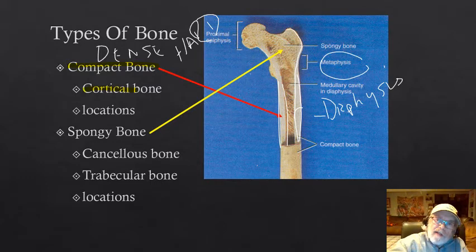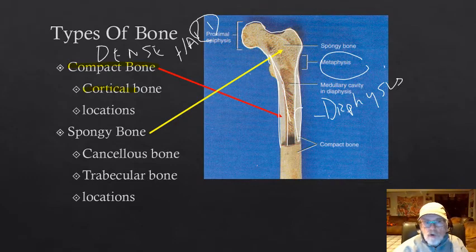Then in the area of the epiphysis, we have a very thin epiphyseal shell, or a very thin cortical shell. Then towards the metaphysis again, it starts to widen out again. So that's the cortical, compact, dense, hard bone that's largely in the diaphyseal region and becomes much thinner in the metaphysis and epiphysis.